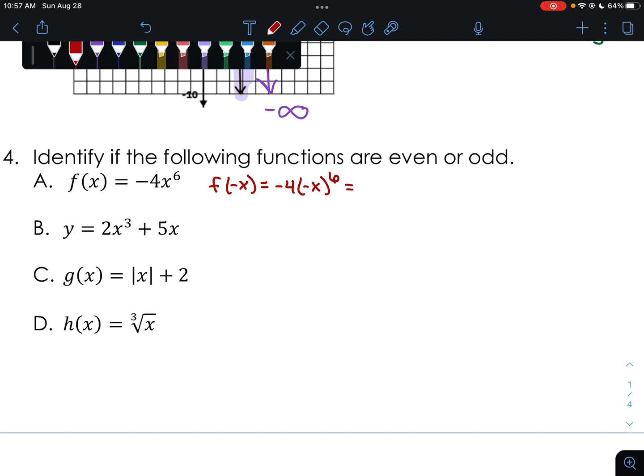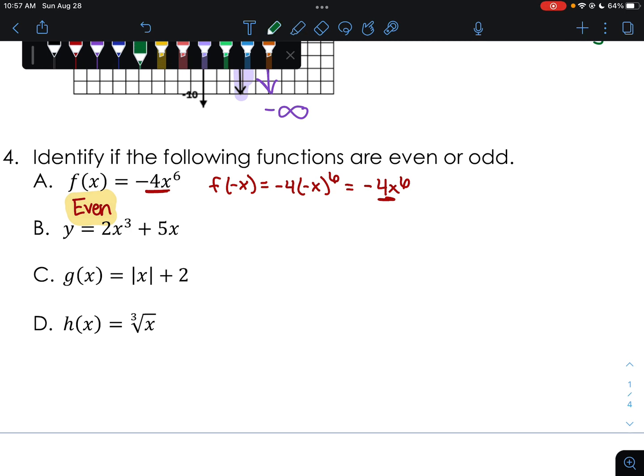So negative x to the 6th power is going to turn into positive x to the 6th power. When I multiply that positive x to the 6th power by that negative 1/4, it's going to stay negative 1/4 x to the 6th. Well, this right here is exactly the same as what I started with. So therefore, this is an even function because my output was the same after I plugged in negative x.